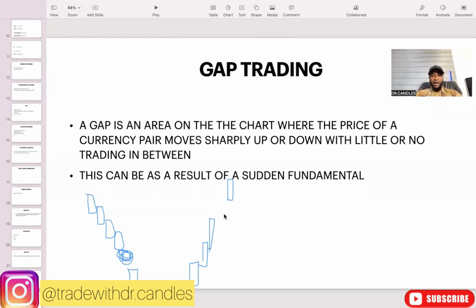So this area in between these two candlesticks is known as what? The gap. So whenever you see something like this, they are called gaps in the market. So as forex traders, we take advantage of them and then make money.